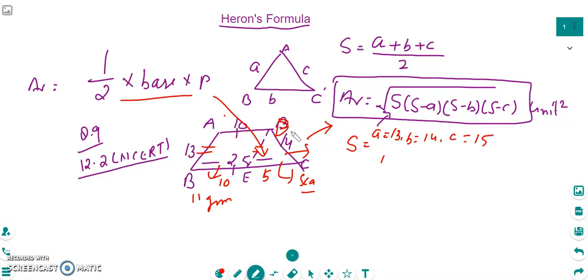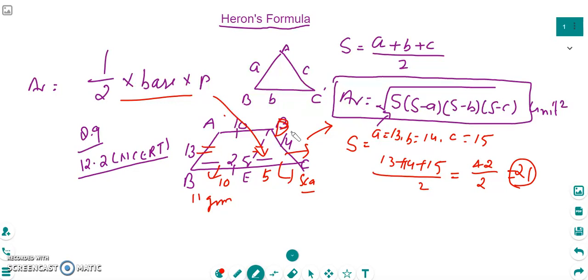So s will be equal to (13 + 14 + 15)/2, which will give us 42 divided by 2, which is equal to 21. So 21 is the semi-perimeter.